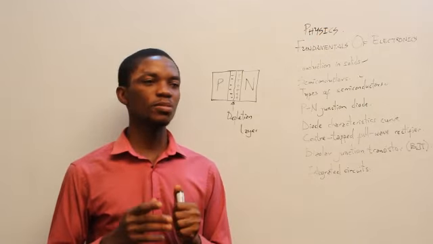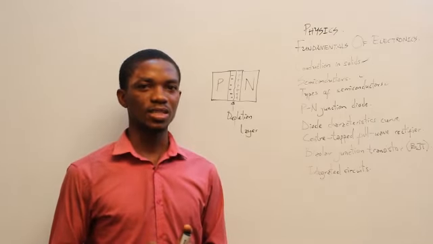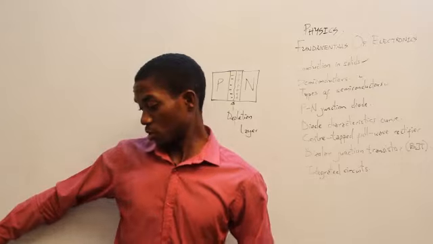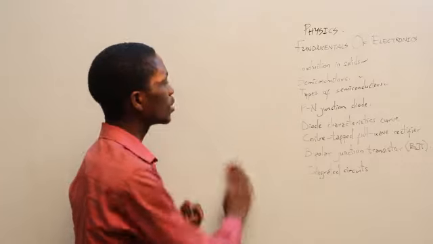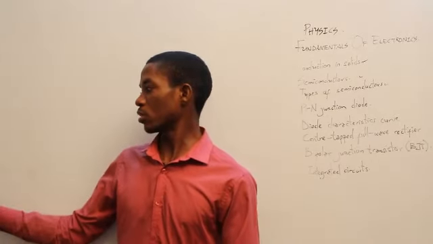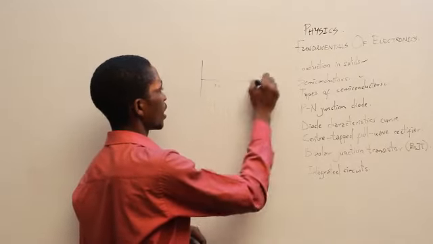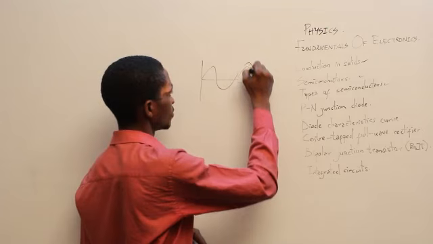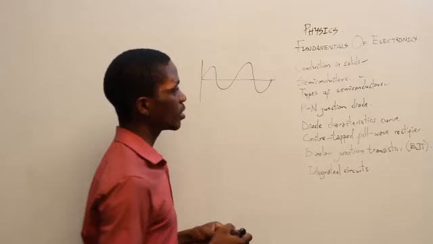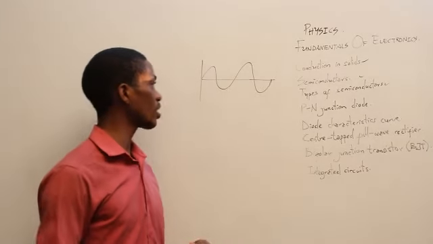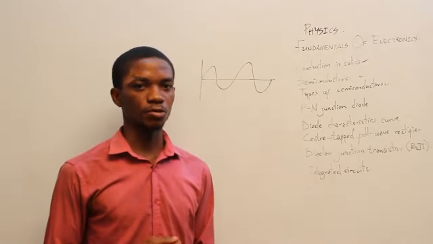So in the midst of all of this, how do diodes find their place? Good question. Peradventure, you have an alternating current system. In the alternating current, we know the current flow profile is something like this. The alternating current system can be converted into a direct current system by the use of a diode.